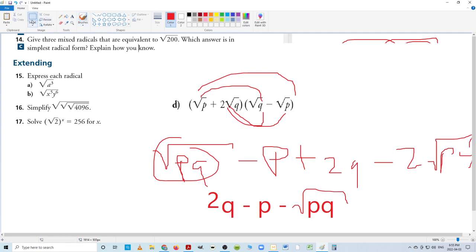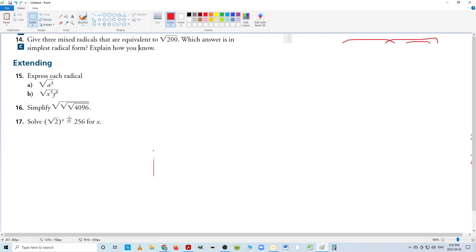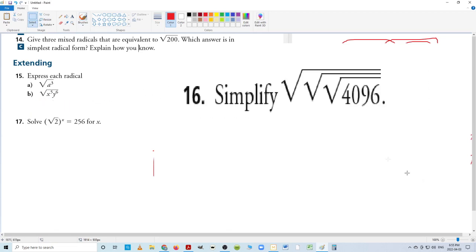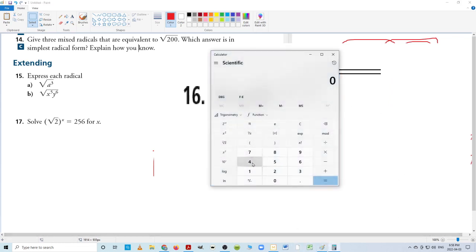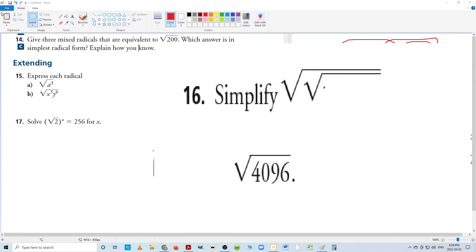So this one, the secret is by realizing very carefully how many square roots there are and just focusing on the internal one first. It would help to know if there's a square root of 4096, and there is. There's 64. So that means this internal one simply becomes 64.